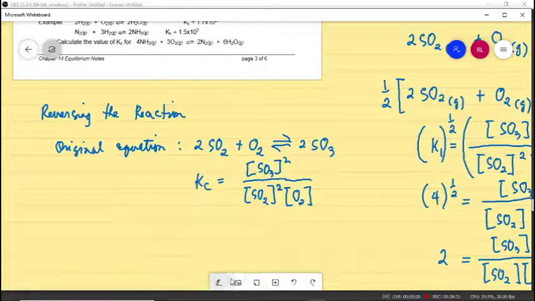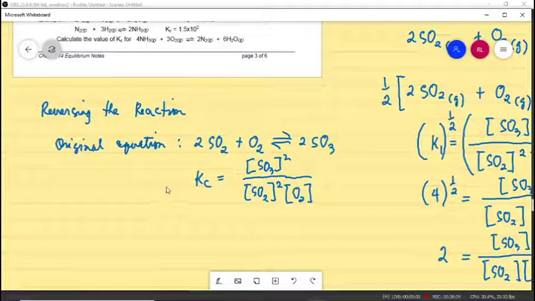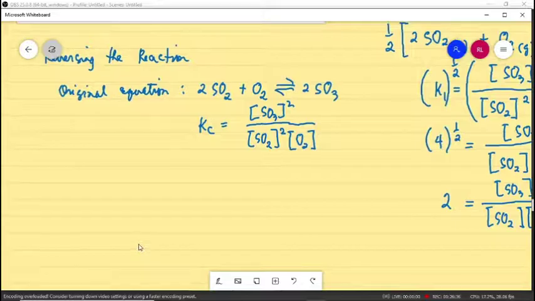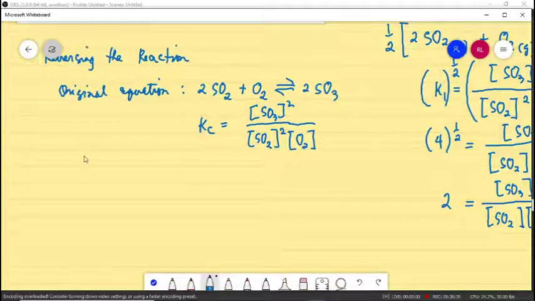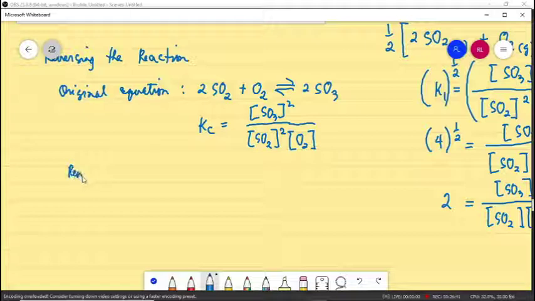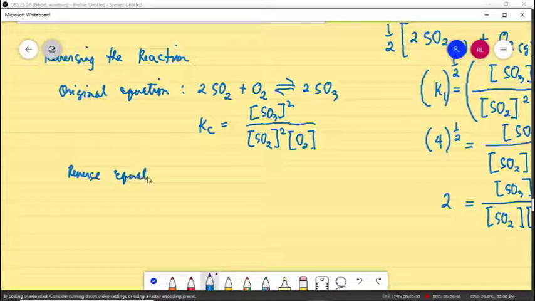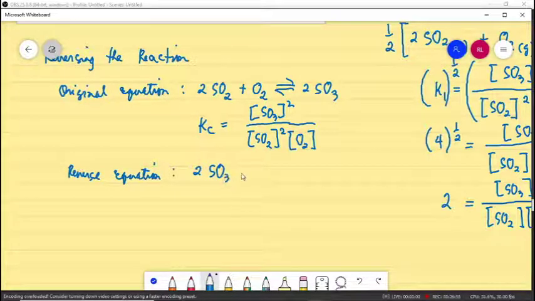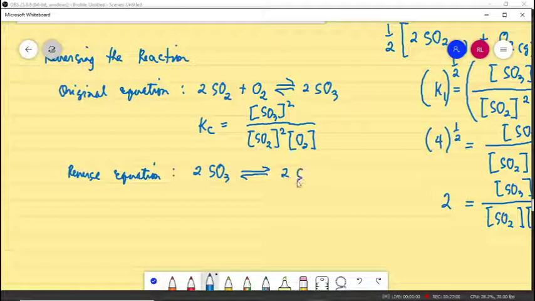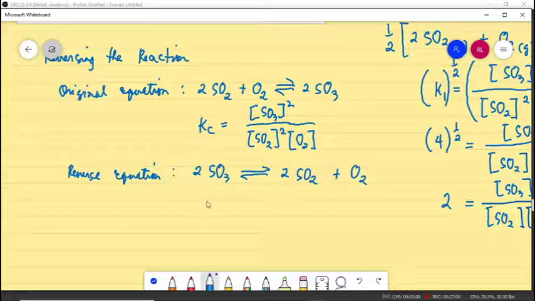If you reverse this one, the reverse equation is 2 moles of sulfur trioxide decomposes to 2 moles of sulfur dioxide and 1 mole of oxygen gas. So what is the equilibrium expression for this?